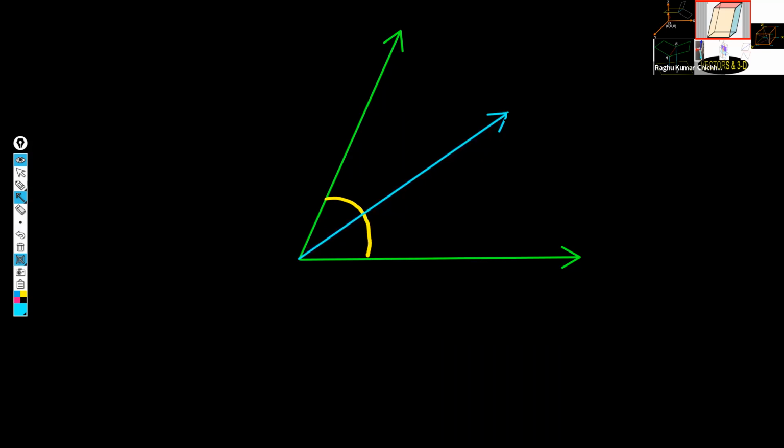Now, is it possible to represent this vector, in that blue color, which is known to be the internal angular bisector, as a position vector? This is A bar, please. This is B bar. This is, let me say, O.